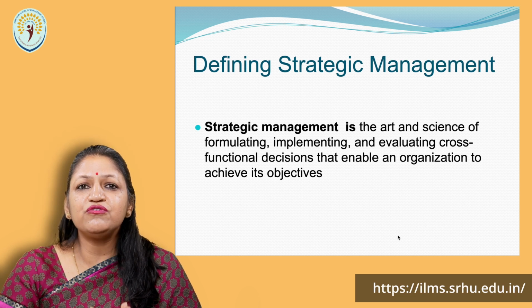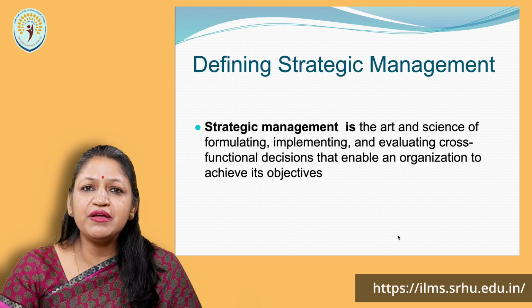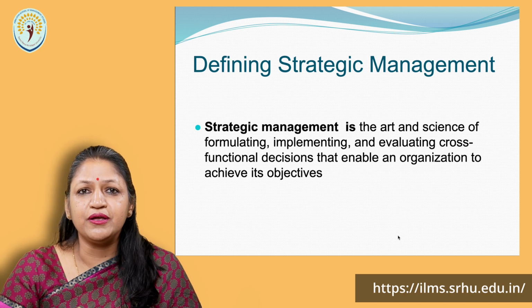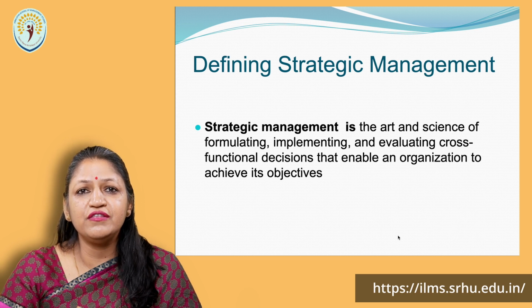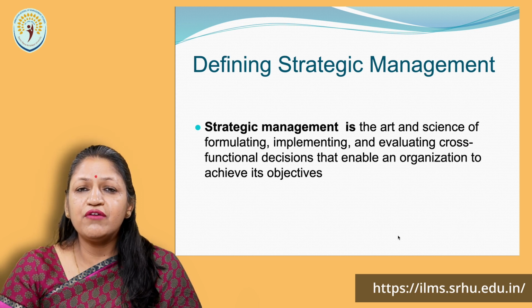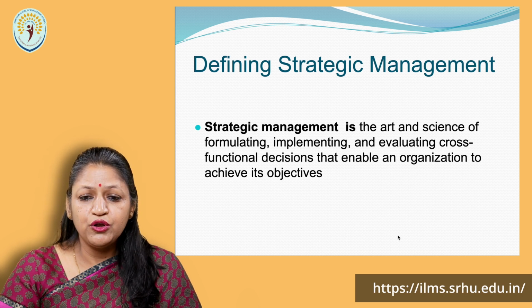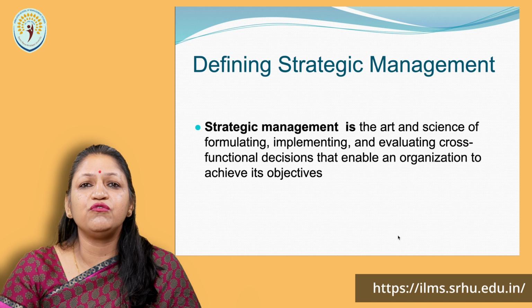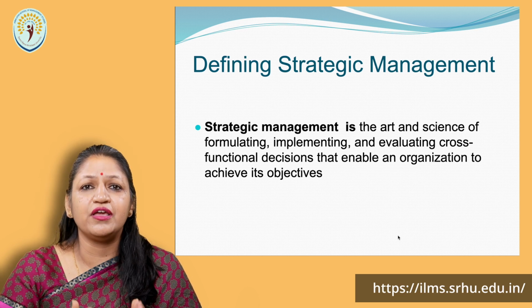So when we talk about strategic management, it is the art and science of formulating, implementing, and evaluating cross-functional decisions that enable an organization to achieve its objectives. Every organization has got a few objectives which it has to achieve. To achieve those objectives, we have to formulate, implement, and evaluate the decisions which we are taking.